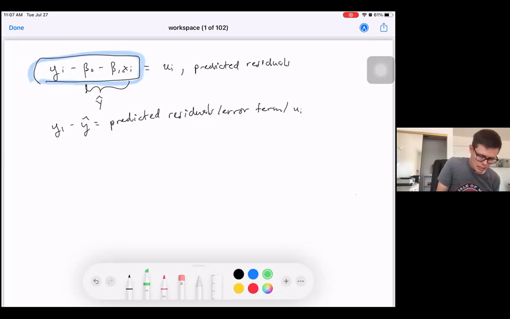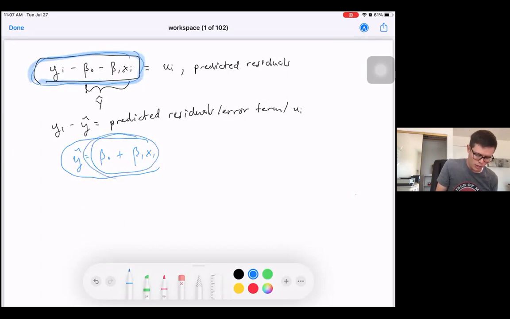The predicted value is equal to beta naught plus beta 1 x1. That's the predicted value. So you know that this isn't the predicted value because this smaller thing here is the predicted value. So just this part is the predicted value.